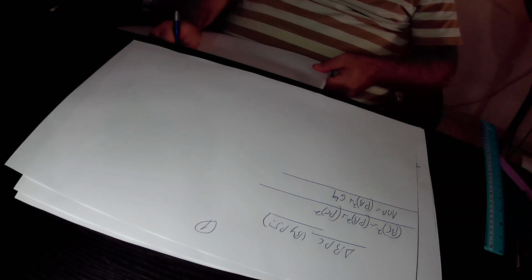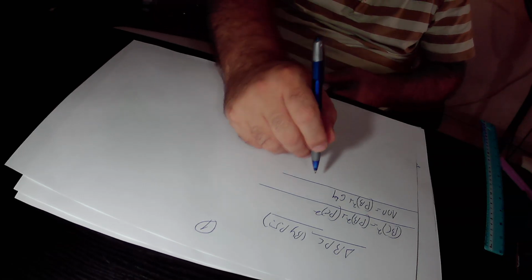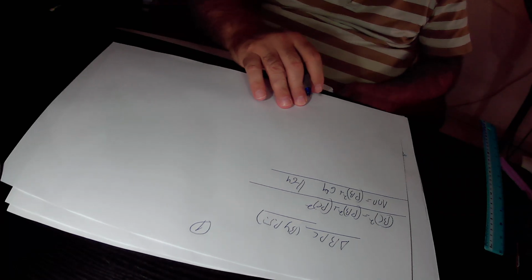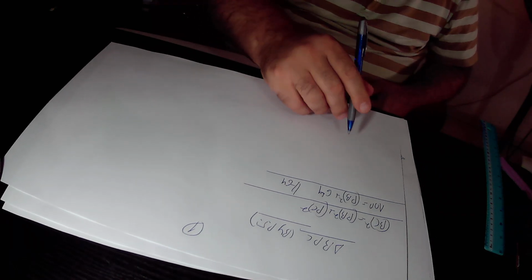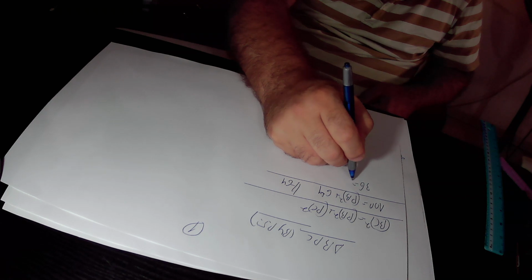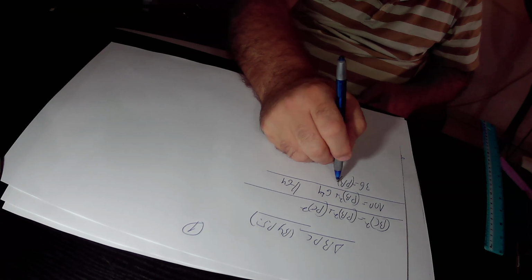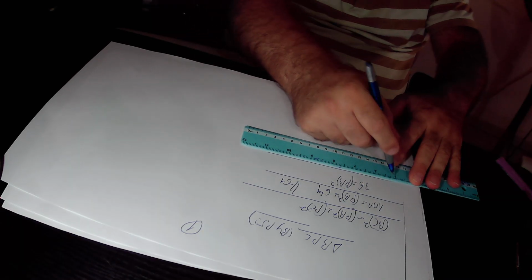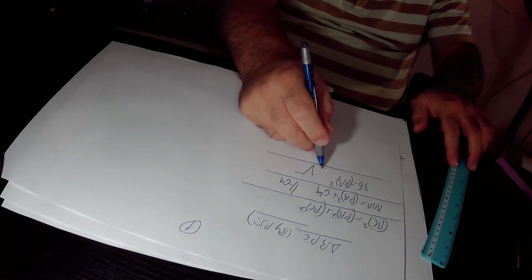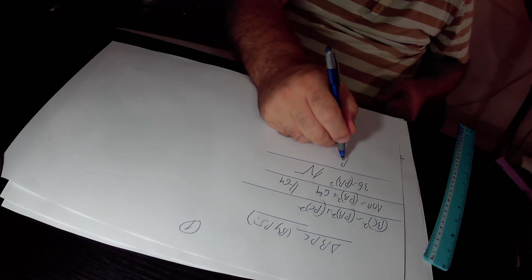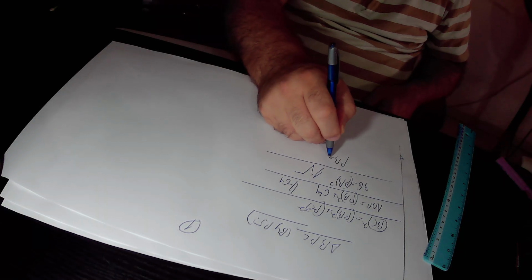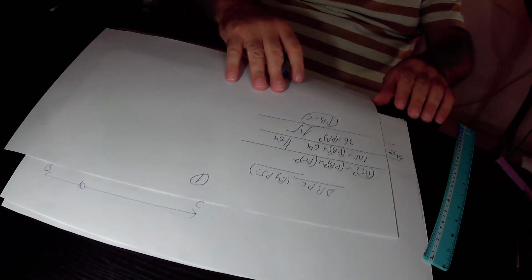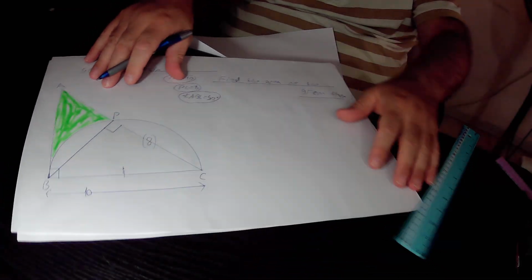Here we will subtract 64 from this equation, and we get that 100 minus 64 is 36, equal to PB square. So here we take the root, and we get that PB, the missing side, equals the square root of 36, that is 6. PB equals 6 units in its length.